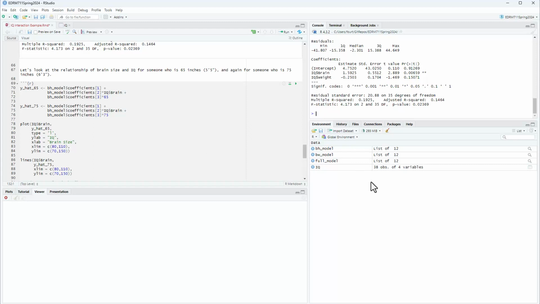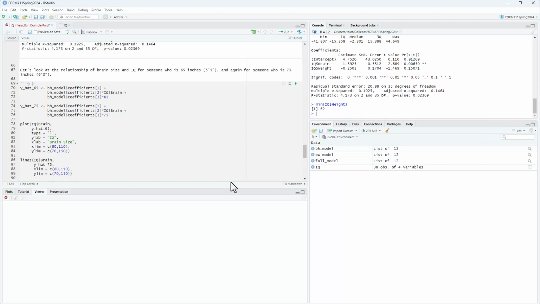And let me go ahead and look at what the range is in the data. If you look over here in the console, I'm going to type in that I want to know what the minimum is for height in the data and what the maximum is for height in the data.